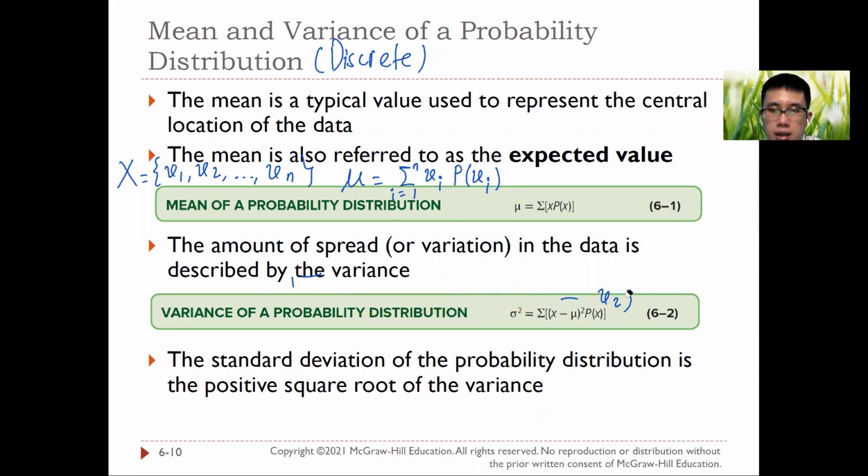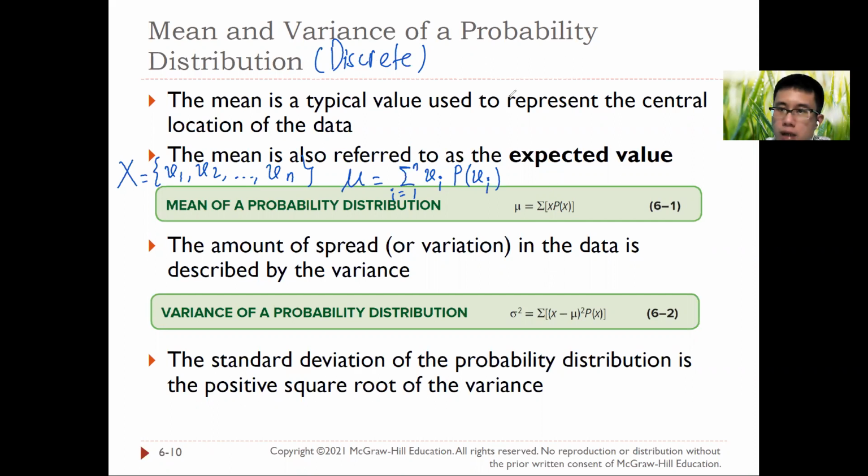Actually this complicated formula is the generalization of the mean for our ungrouped data.